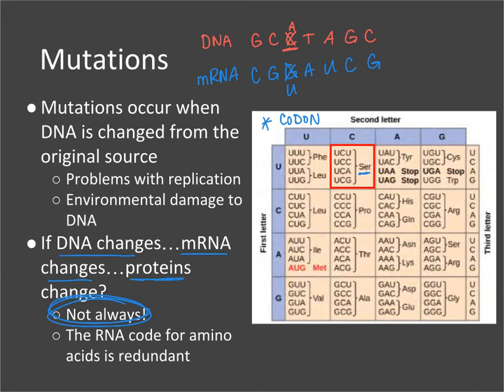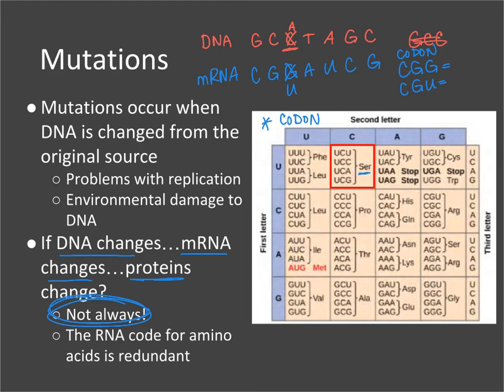So for example, let's take a look at what we did up here. Our original codon was CGG, and our new codon with the mutation would be CGU. So let's see which amino acids are coded for by these codons.